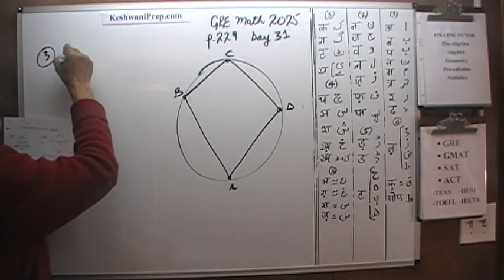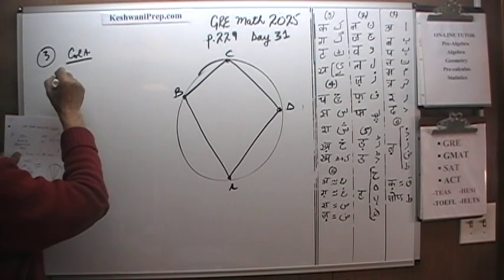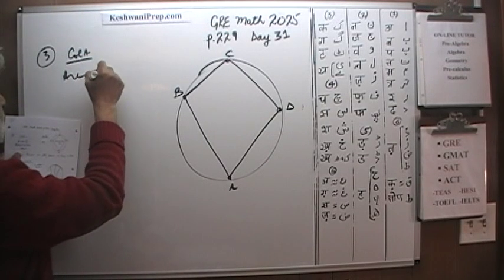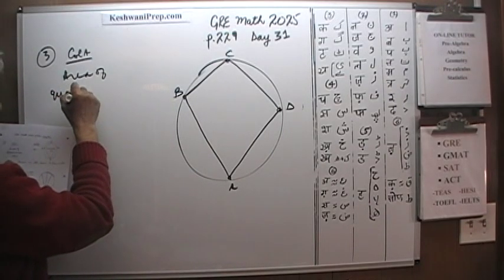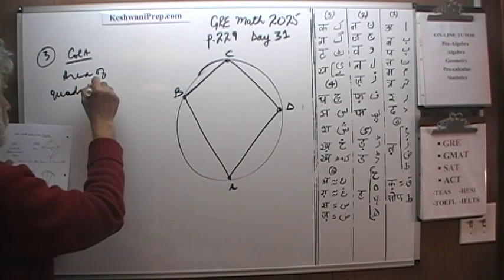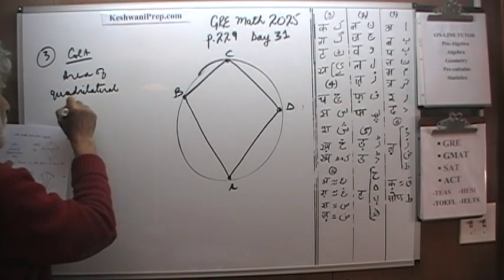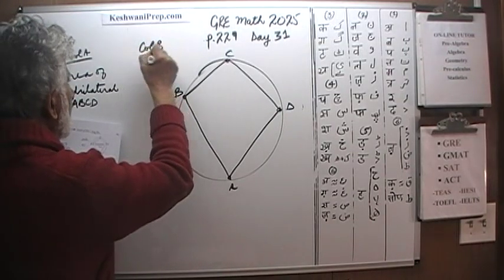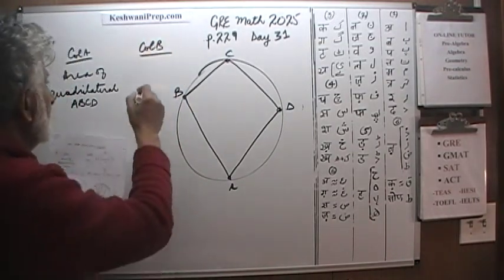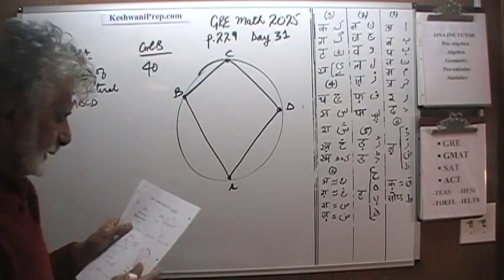In column A we have the area of the quadrilateral A, B, C, D, and we're being asked to compare it with 40. Let's see what we can do.